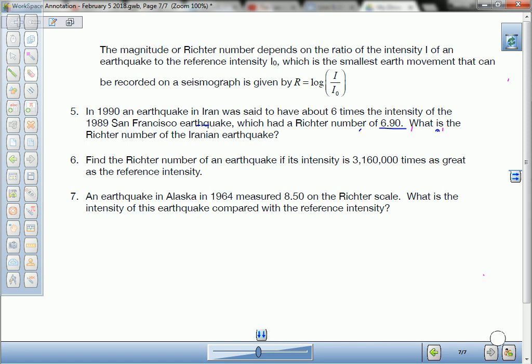So I have a little video to show you that does a good job visualizing the intensity of the earthquake as it changes. Like when we think of the difference between the number 2 and the number 7, that doesn't seem like a big deal. Between 2 and 7, that's only 5.